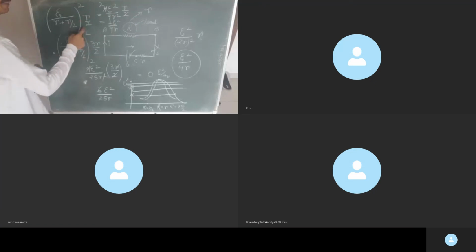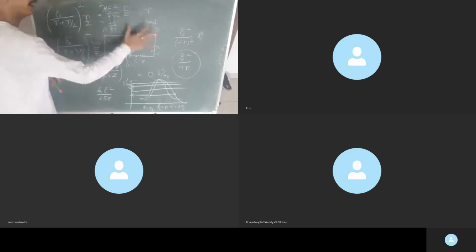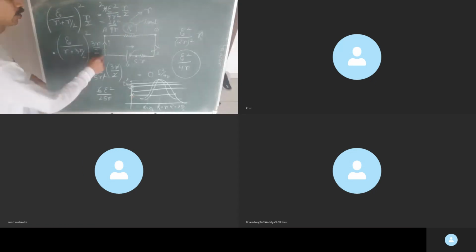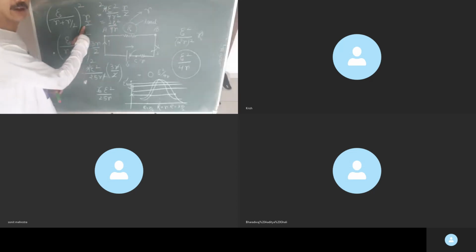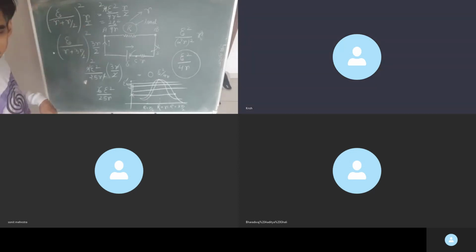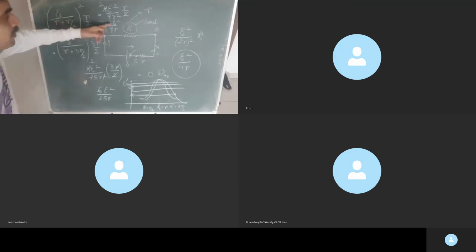This energy which I have got for R by 2, correct? This energy 2E square by 9R, for what value of R did I get it? I got it for the value of small r equal to R by 2, correct? Can you get me one more value of capital R which will get me the same energy?